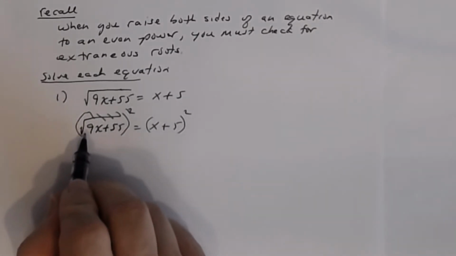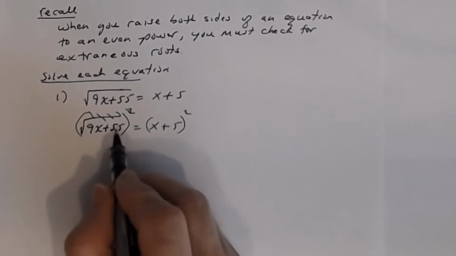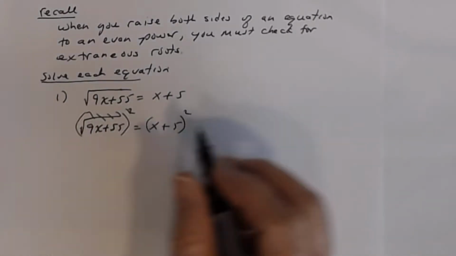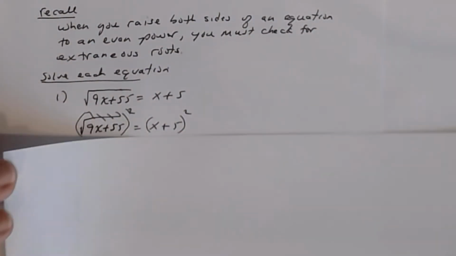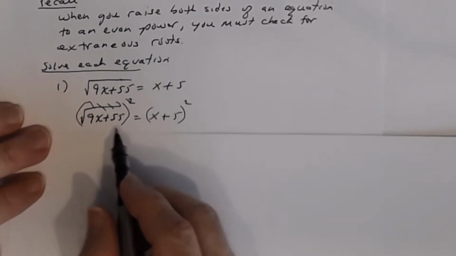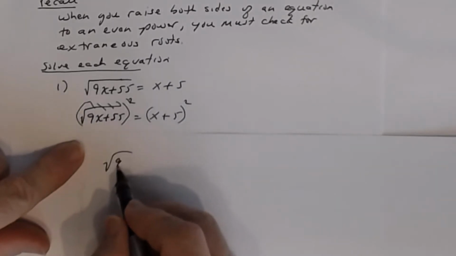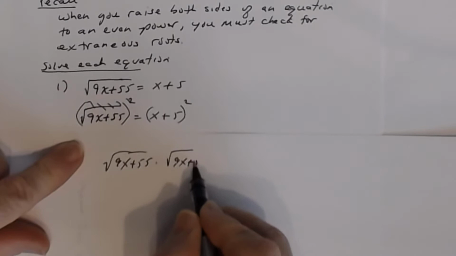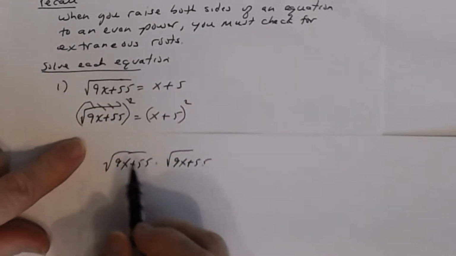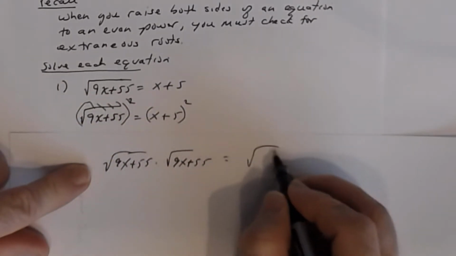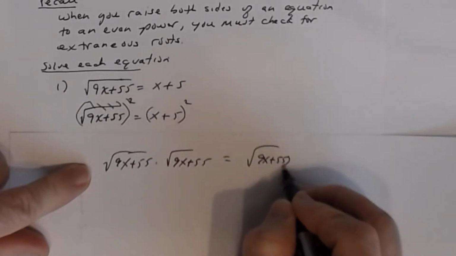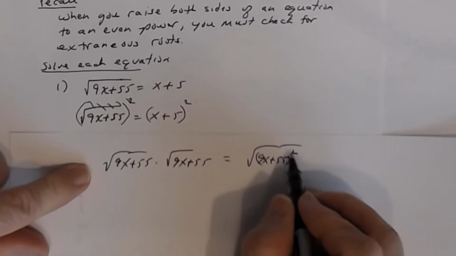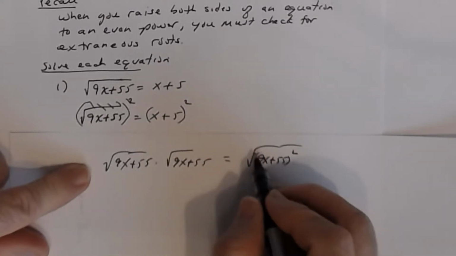It kind of makes sense because the square root of 9x plus 55 times the square root of 9x plus 55 is 9x plus 55, right? You learned that in a previous lesson. So remember, that's what you're doing here when you square it: the square root of 9x plus 55, squared, and then the exponent 2 is divisible by 2. 2 divided by 2 is 1.